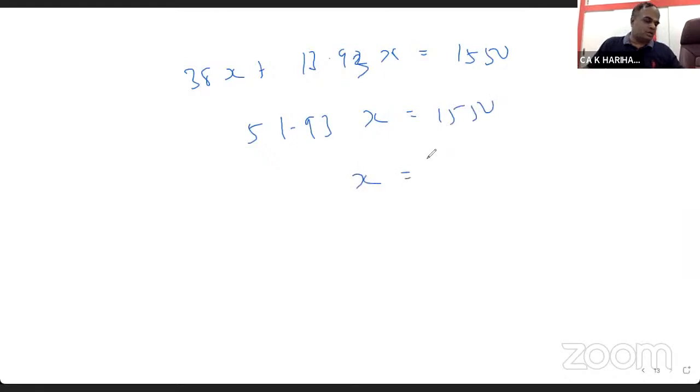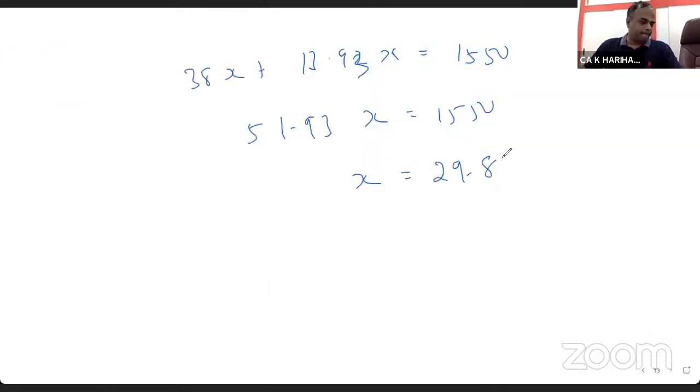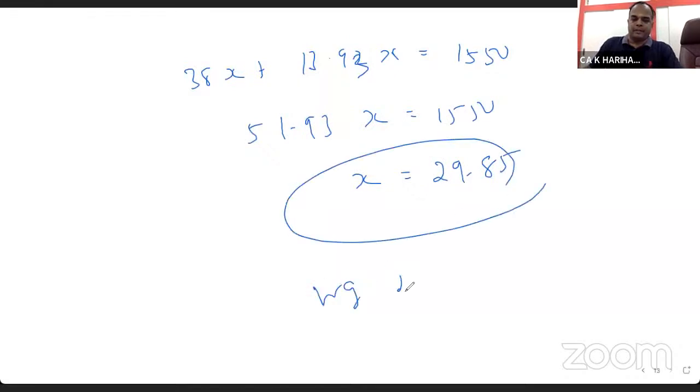X is equal to 1550 divided by 51 point something, which comes to 29.884 or 85. So wage rate per hour is equal to 29 rupees 85 paise.